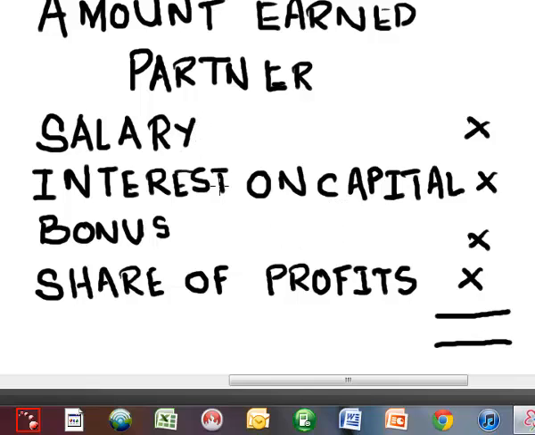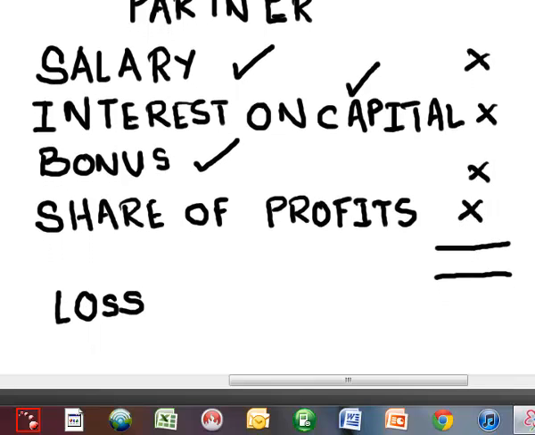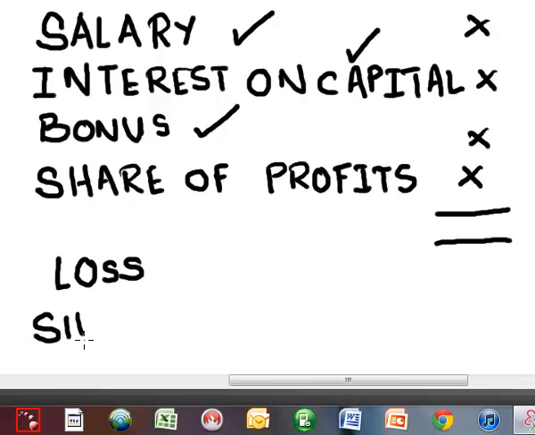Now, there is a slight curveball when it comes to what if the partnership had made a loss. In that case, you would still have your components, namely your salary plus your interest on capital plus your bonus, but instead of a profit, the partners would share the losses.